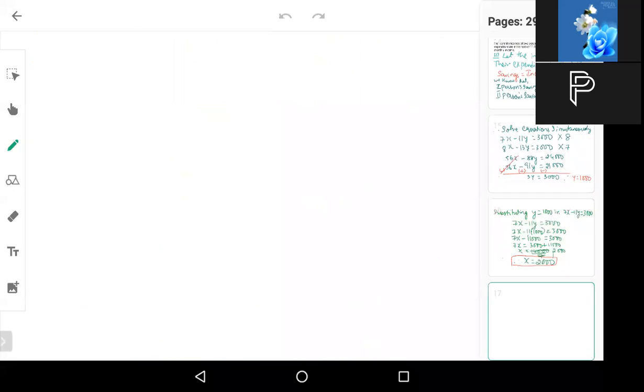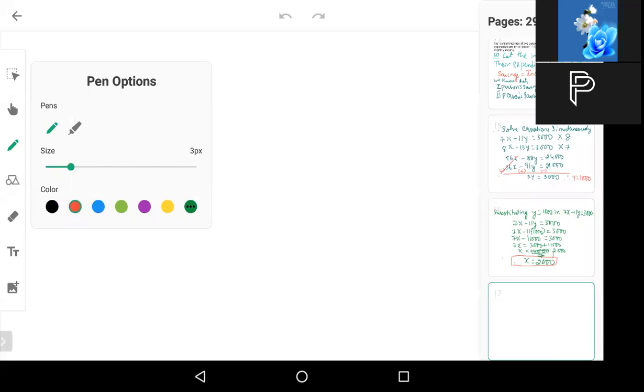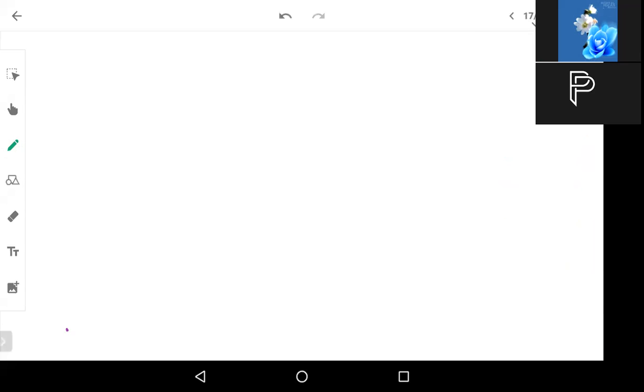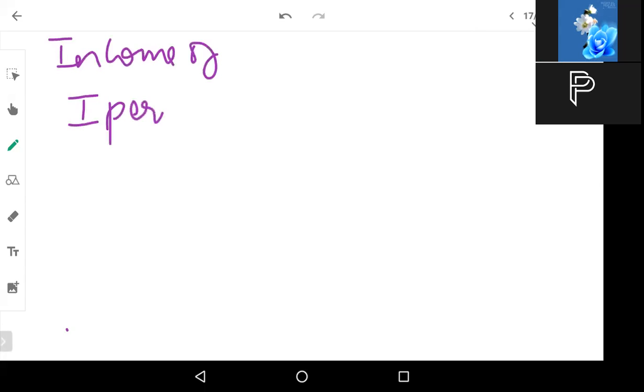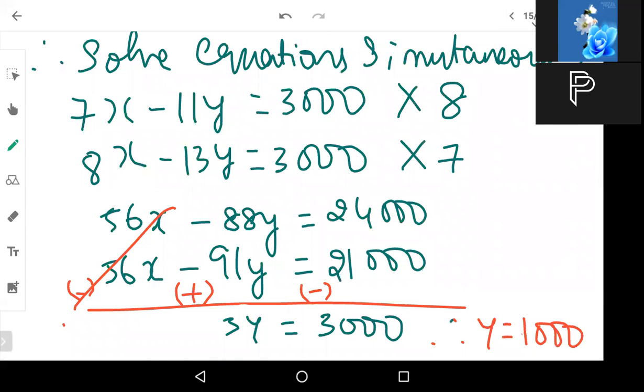Now, moving forward, we have to give a conclusion of income of the first person and income of the second person. So, income of first person is equal to 7x, right? So that is what we had derived in the question.